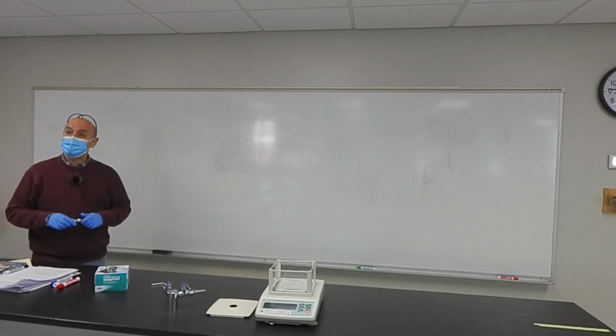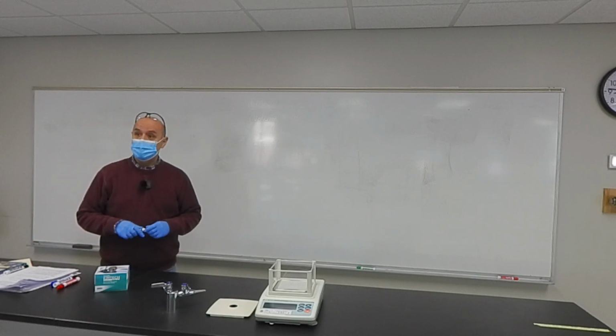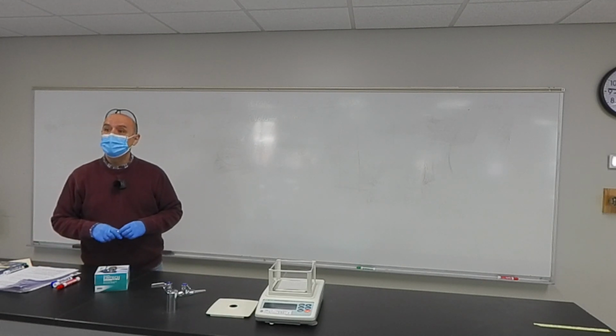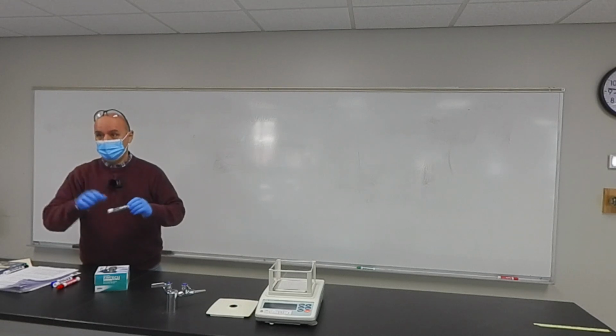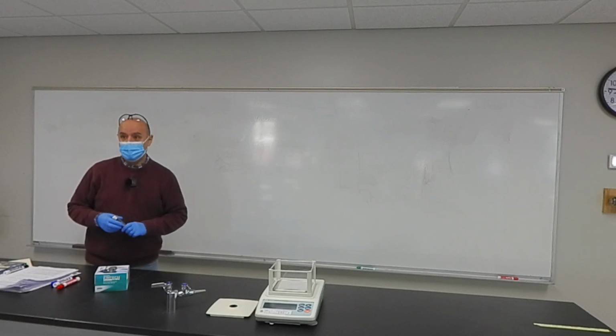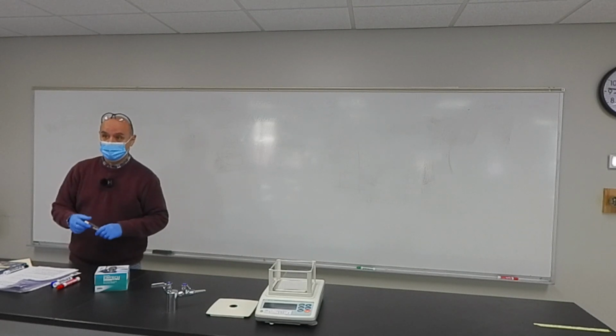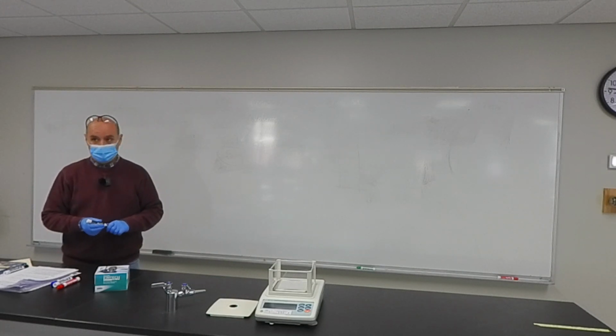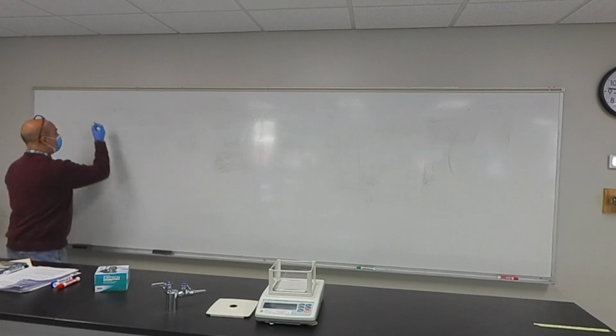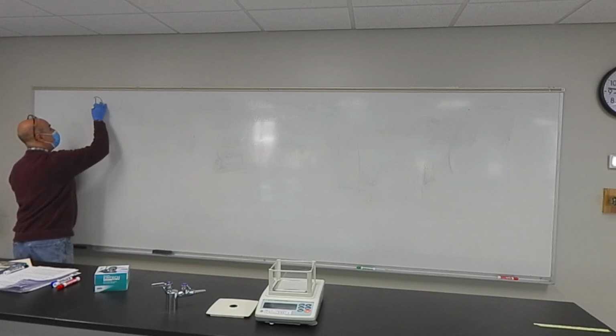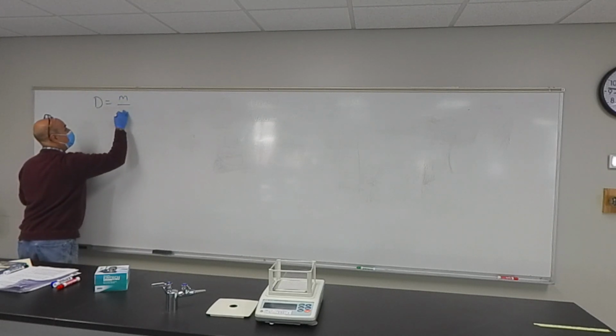The numbers change with every problem, but the formula is the same, unless they're asking for a different thing, which we'll see. So the formula is the same. Let me put it here. Density equals mass over volume.